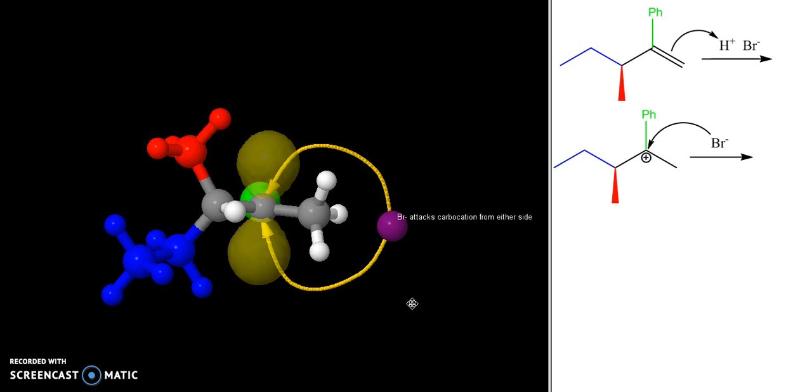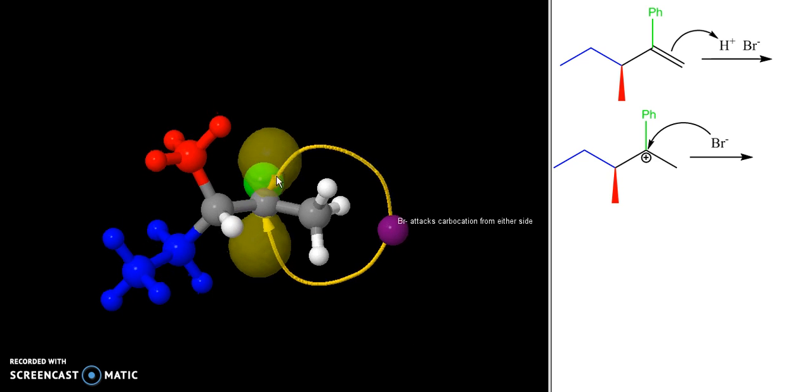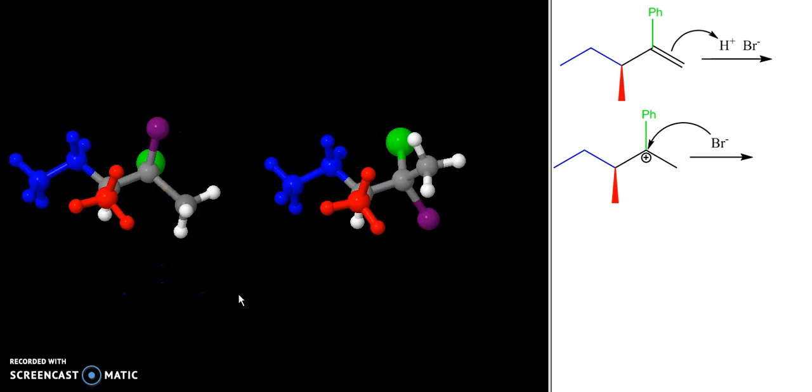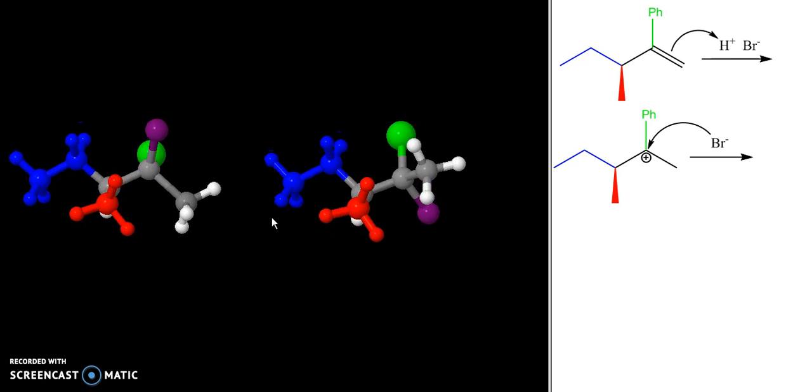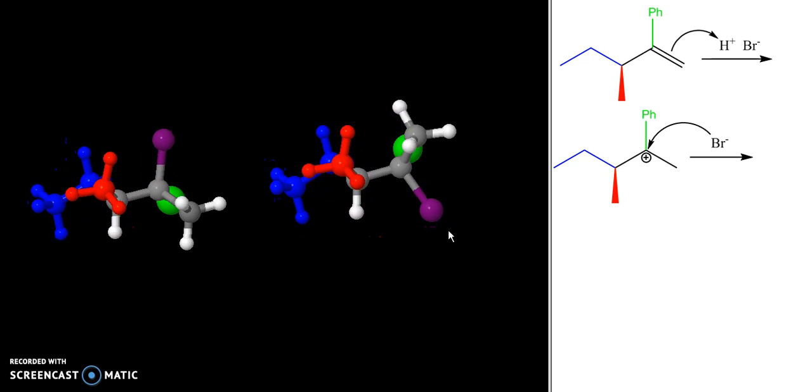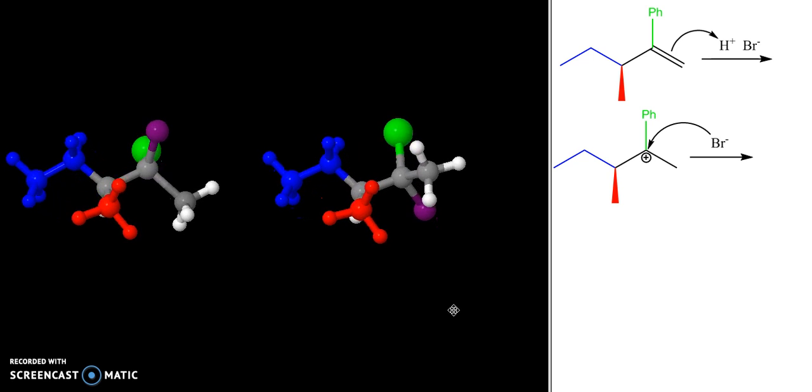In other words, different stereoisomers, depending on top attack versus bottom attack. And this is what I've shown here. On the left-hand side, the Br has come in from the top face of the carbocation. And on this product over here, the Br has come in from the bottom face of that carbocation.